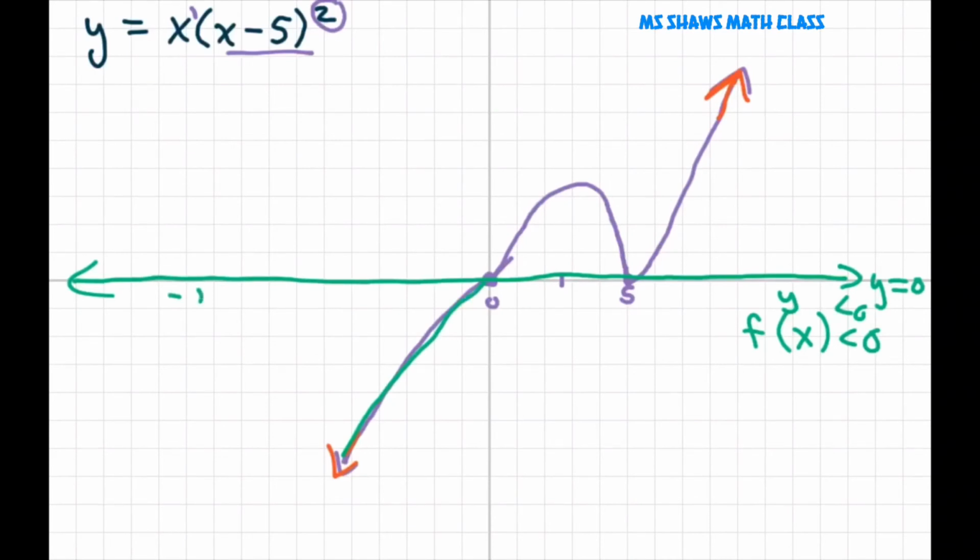So that's going from negative infinity to 0. And where our f of x or y is positive, our graph here is positive right up here. So that would be from 0 to infinity.